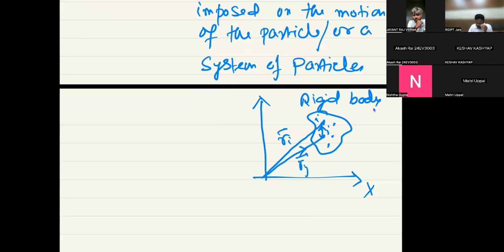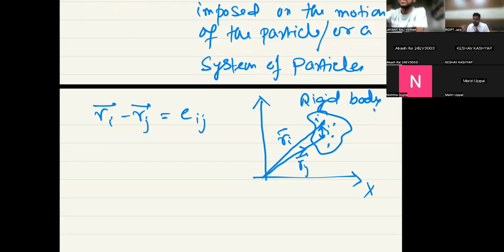For a rigid body, Ri minus Rj will be a constant. You cannot change it. We don't know what force it is, maybe some molecular force, but those forces are keeping the distance between these two particles inside the rigid body constant. So this is also one example of a constraint.